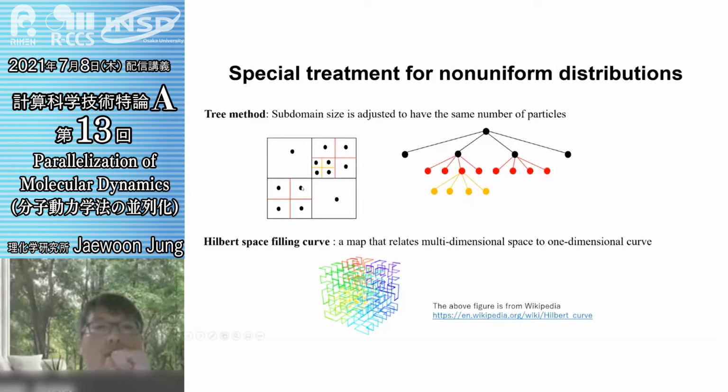And for the denser part, we reduce the subdomain size. And another way is to make use of the Hilbert space filling curve. Here, we make a curve that traverses the whole simulation system. And according to this curve, you can decide the subdomains.